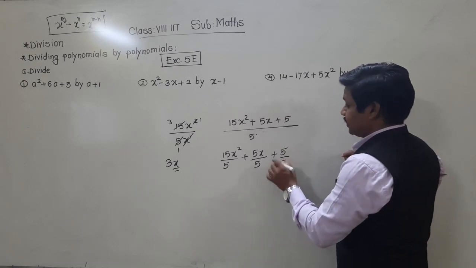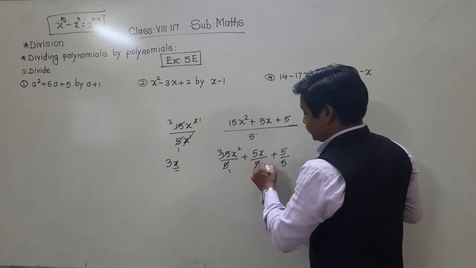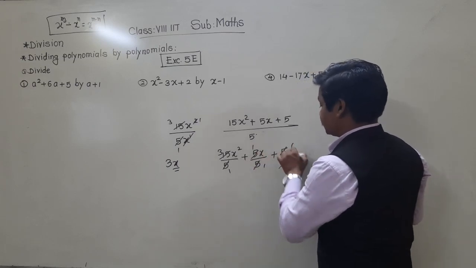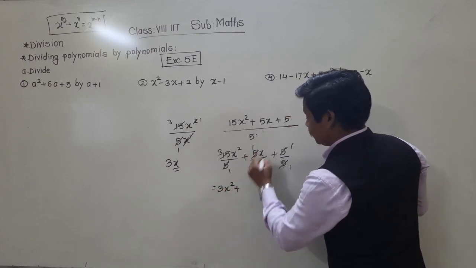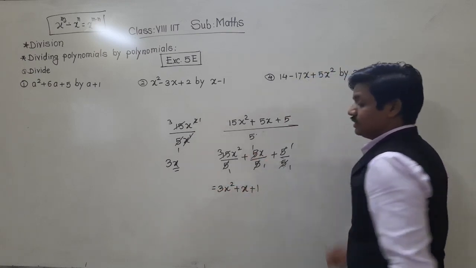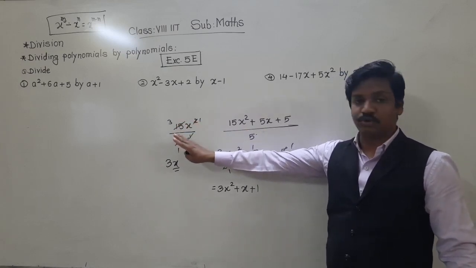So 5 on the 5, 5 threes are 15, 5 on the 5, 5 on the 5. So here 3x square plus 1x, that is x plus 1. In this way we divided polynomial by monomial, and this way monomial by monomial.